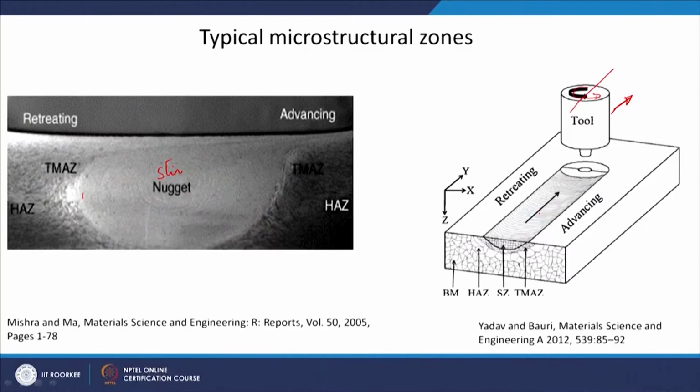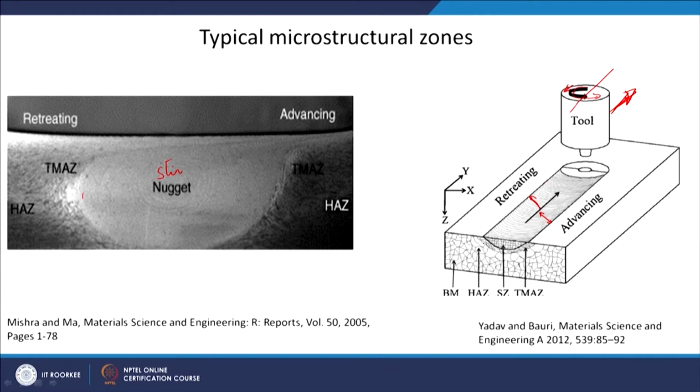This side I will call the advancing side. On the other side, my tool rotation is in this direction and my traverse speed still remains in the same direction. So, the tool rotation and the traverse speed are now in opposite directions. This part of the process zone I will call the retreating side. So, there is the advancing side and the retreating side.